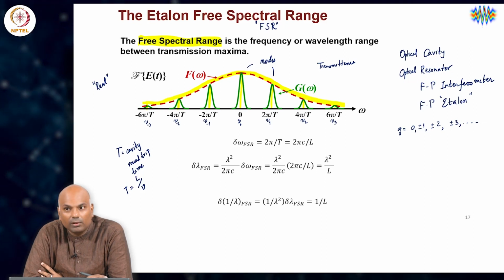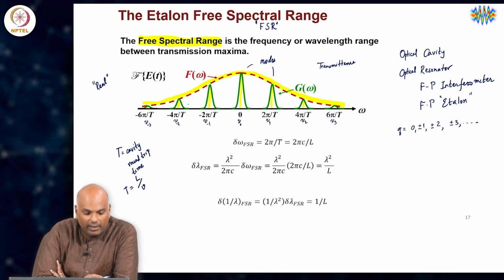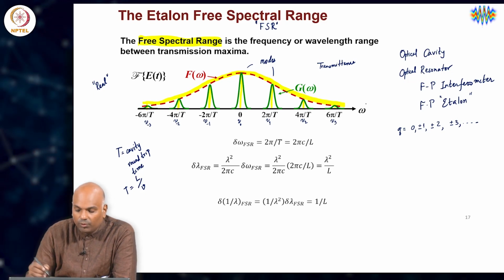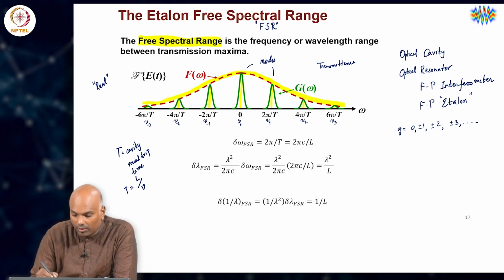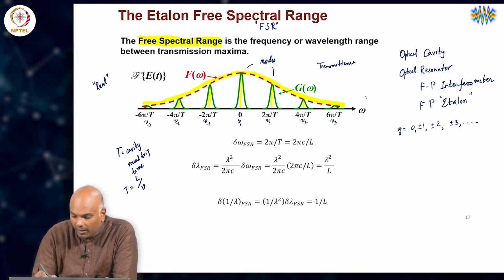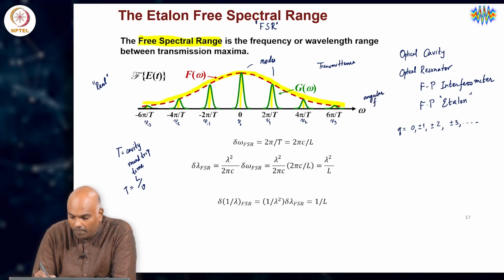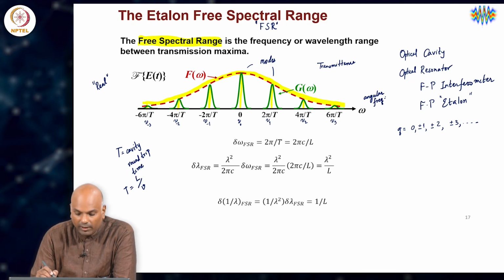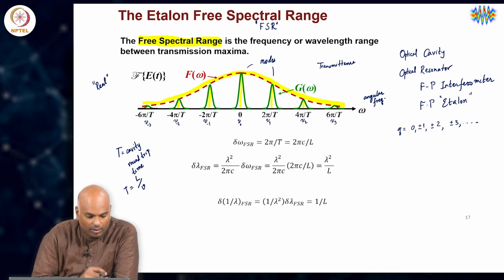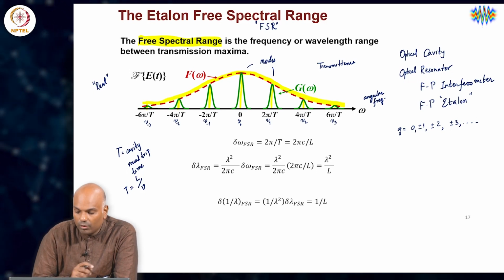Is that good? Okay, fine. So, now the scale that was calibrated in terms of nu is written in terms of t, it is also now written in terms of the angular frequency omega by multiplying each nu by 2 pi.